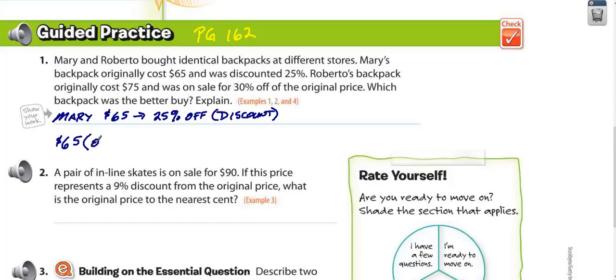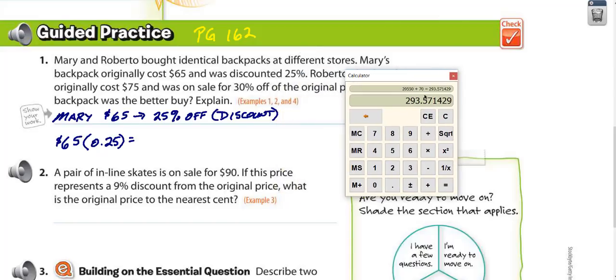For Mary, we're going to take the $65 and multiply it by the discount as a decimal: 65 times 0.25. She's going to save $16.25. That's how much she's going to save.